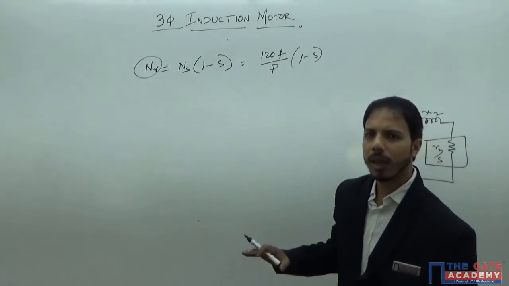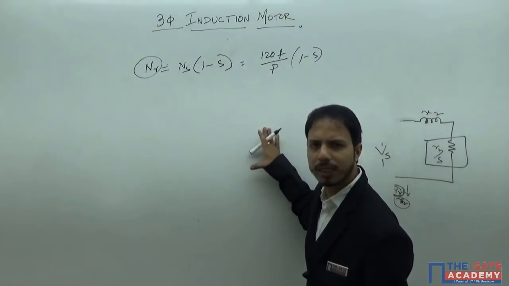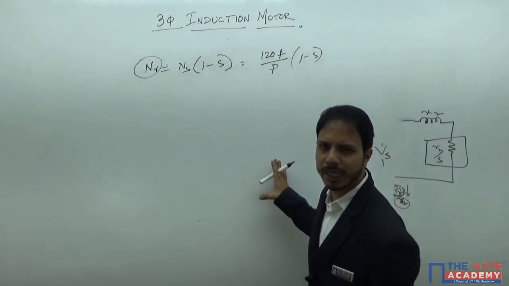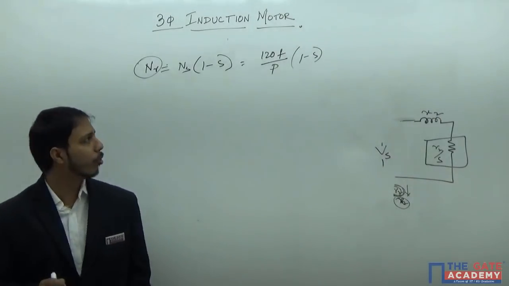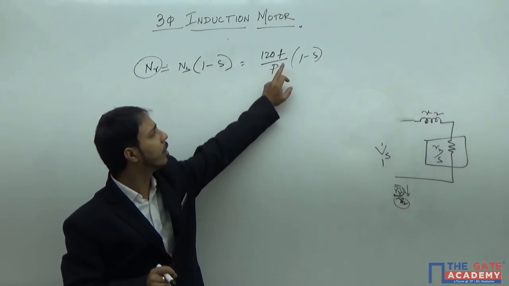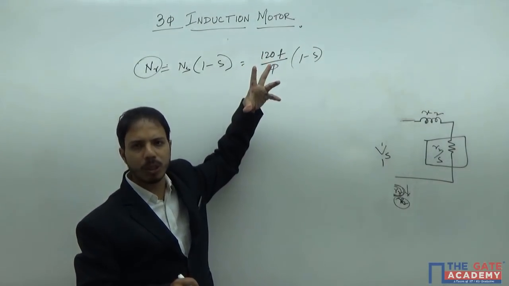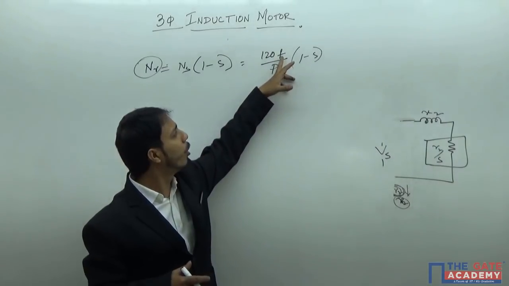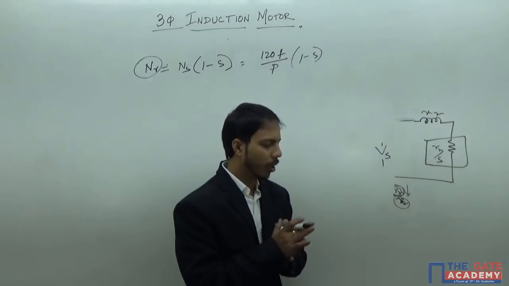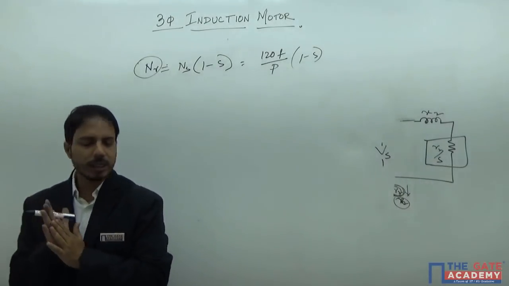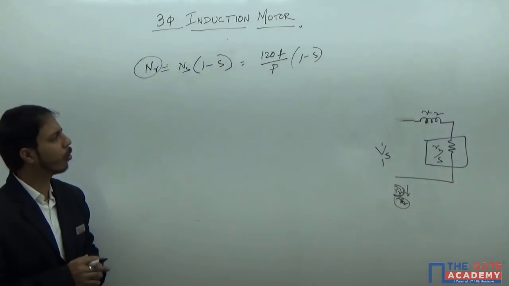I don't actually want to explain all the techniques to change the speed of the induction motor. My actual motive was to see how we can change the speed of an induction motor, and what is the relation which is dependent on frequency. So I'm going to explain the frequency dependent speed control technique.